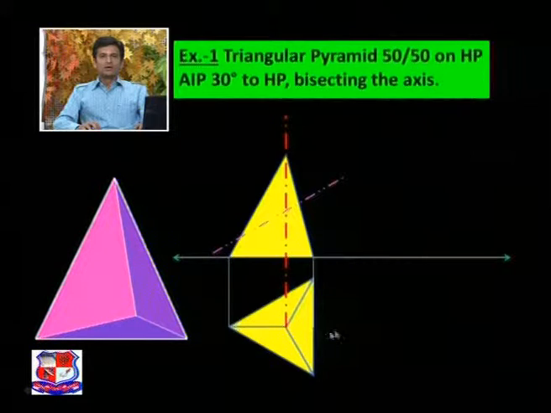Now we have to draw its true shape for the sectional view and sectional top view. So for that, find the points of intersection between this cutting plane line and the slant edges. You can see here two slant edges are there, this one first and second, and here one slant edge is there, this one, right?